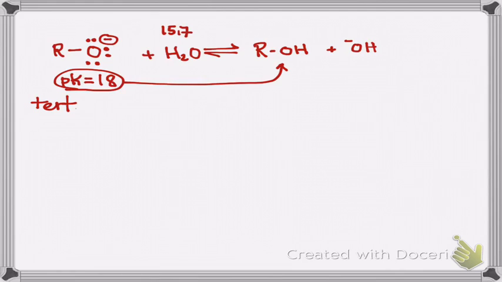Or you have the pKa's, because the pKa's inherently have that information in them. Since this pKa is lower than that pKa, this is a stronger acid, so its conjugate base is more stable than the conjugate base of the alcohol. So hydroxide is more stable than a tertiary alkoxide ion, and so the equilibrium is favored to the right-hand side.